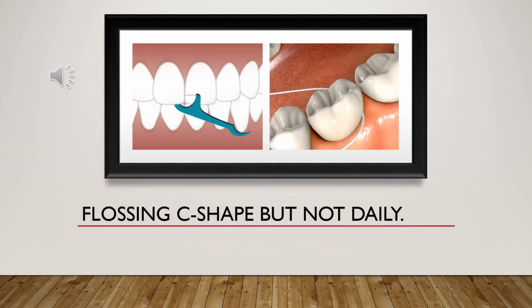The patient knows how to floss properly using a C shape, which you can see from the picture, and the patient also sometimes uses floss with a holder. Unfortunately, the patient doesn't floss every day.